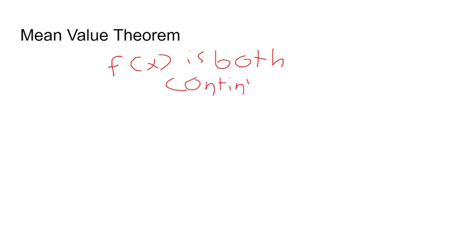The mean value theorem is a bit more complicated. Pretty much what it's saying is, assuming, let's just say, again, a function f of x is both continuous and differentiable, right?